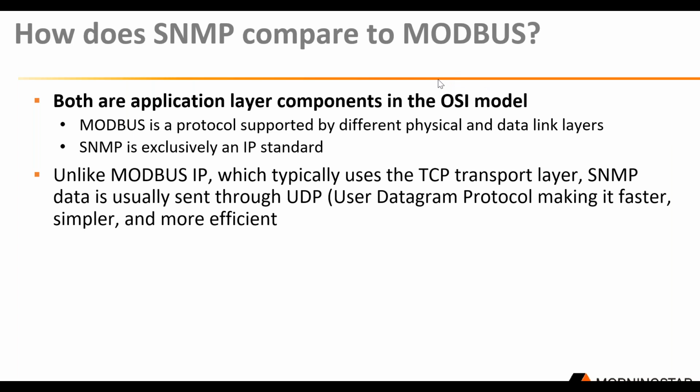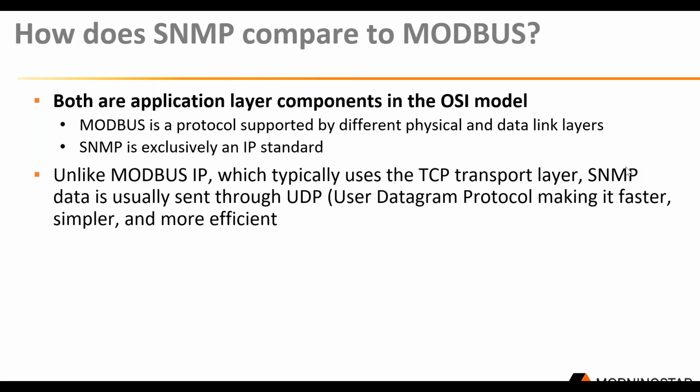Now, with the protocols, MODBUS, again, you can have different physical adaptations. You can have a DB9 that uses RS-232. You can have a 4-wire twisted pair multi-drop network that uses RS-485. Both would support MODBUS.